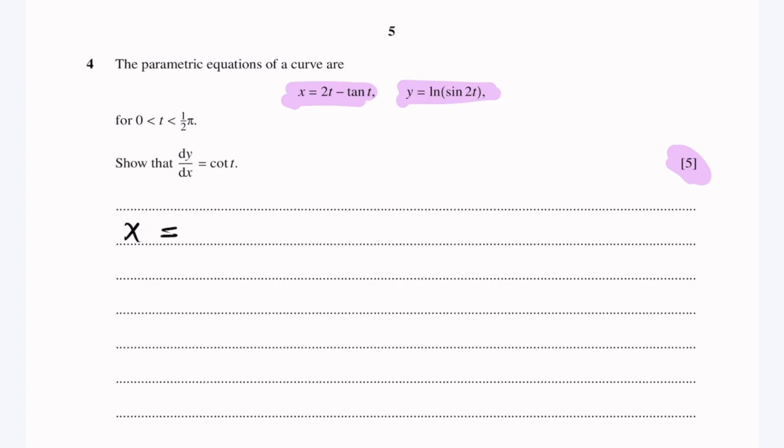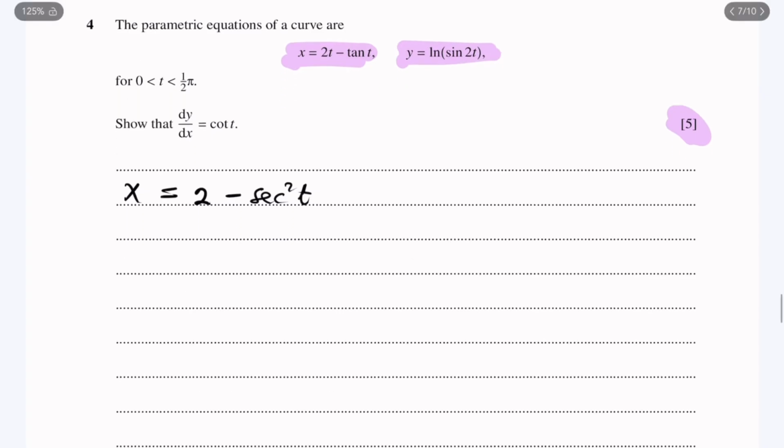So we differentiate the x, we get 2 minus, differentiate tan, you get sec square t, right? And then you differentiate t, you get 1, so that's it. And this is dx/dt. We take the y. Now, to differentiate a ln, it basically means differentiate what is in the bracket over what is in the bracket, okay?